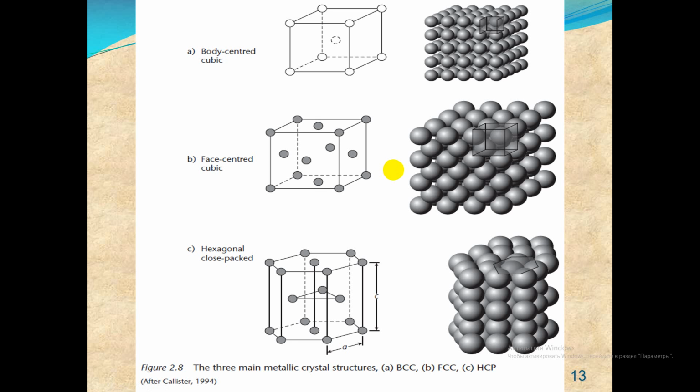This means that 74% of the unit cell volume is taken up by the constituent atoms. We can see from the atomic packing factor figure that face-centered cubic metals are more close packed than body-centered cubic.